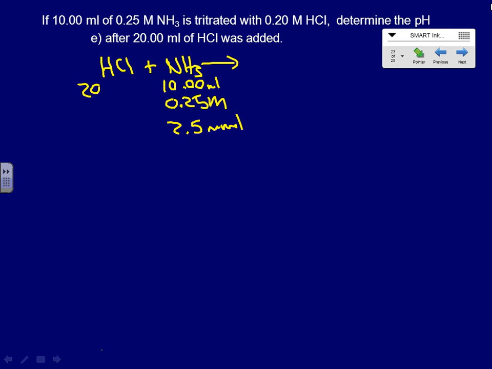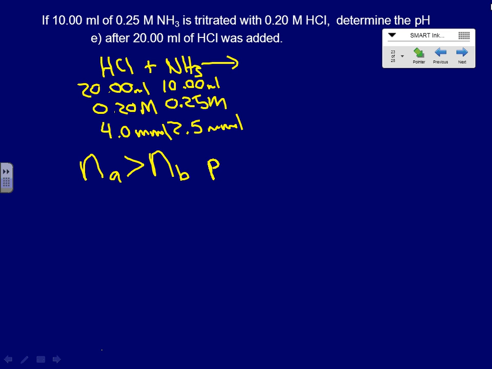And this time I got 20 milliliters, 0.20 moles per liter. And if I do that multiplication, I get 4.0 millimoles. And you can see I have an excess of acid. The number of moles of acid is greater than the number of moles of base. I've gone past the equivalence point.